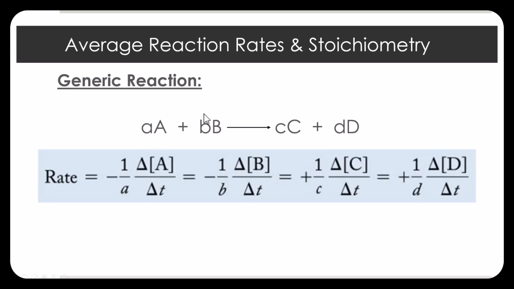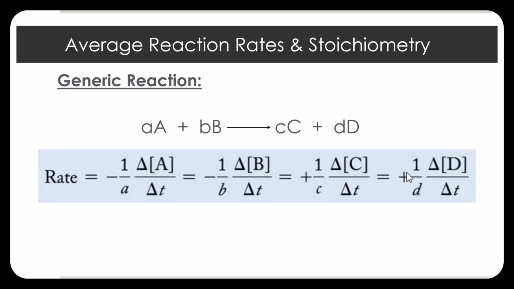This may be a 2, this could be a 4. And so the rate is going to be the change in time on the bottom, change in concentration on the top, 1 over the coefficient for each of these. And then notice my reactants have a negative, my products have a positive. Okay? So just the generic.